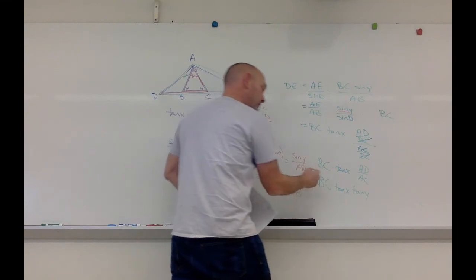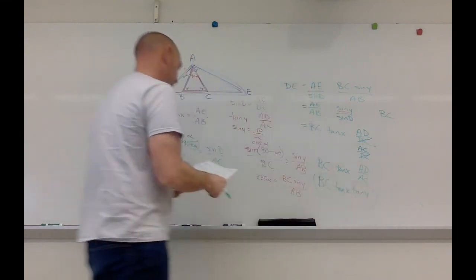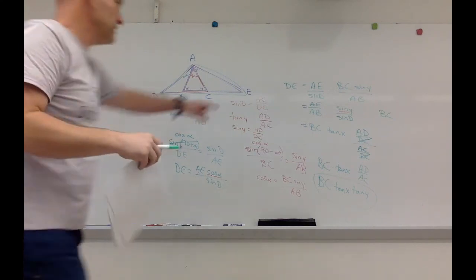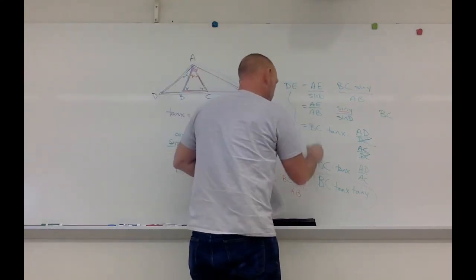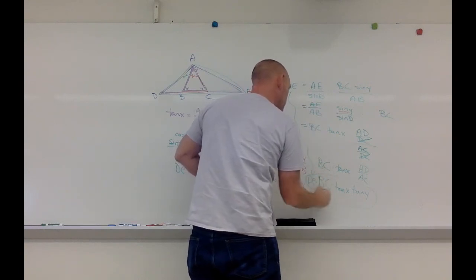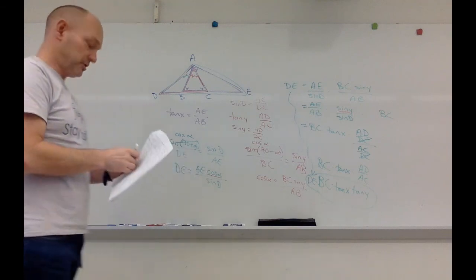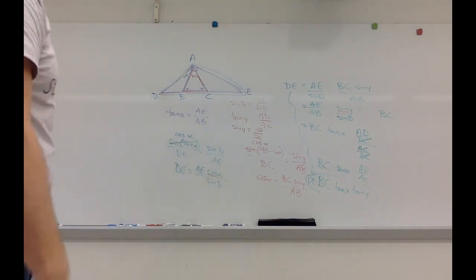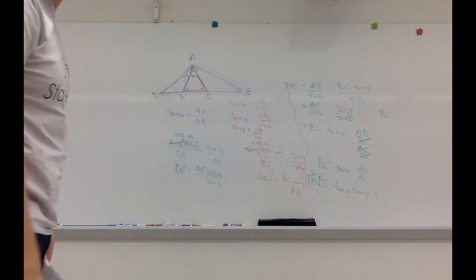And now I've finished my proof as we've done it. I've shown that DE, remember I had the DE up here, that came down, equals BC times tangent of x times tangent of y. Tricky problem, definitely, but doable. There's a lot of triangles going on there, so I hope the color coding helped.